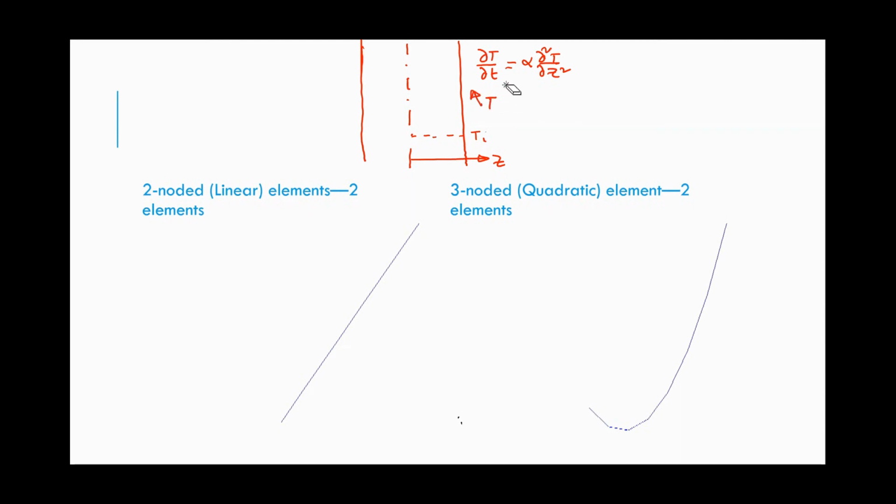The surface temperature, which is higher than Ti, would keep increasing, and we would have a solution that looks like this at any given time.